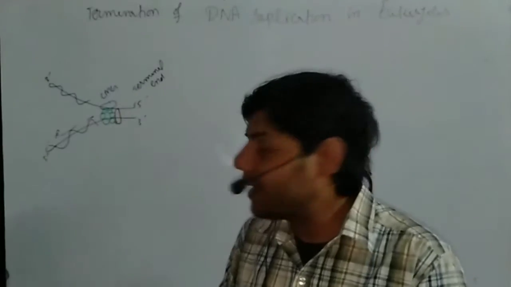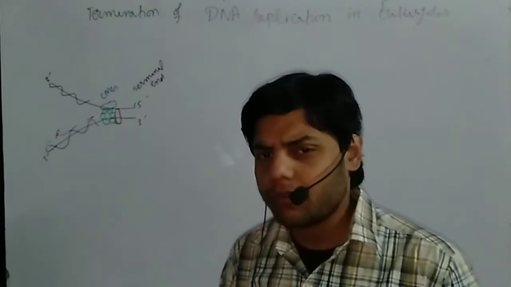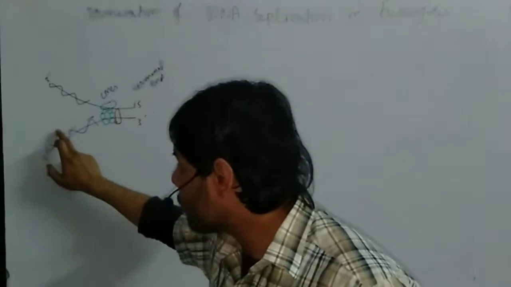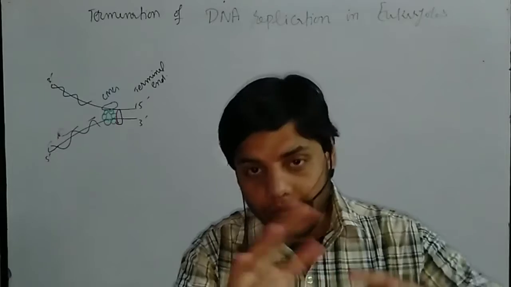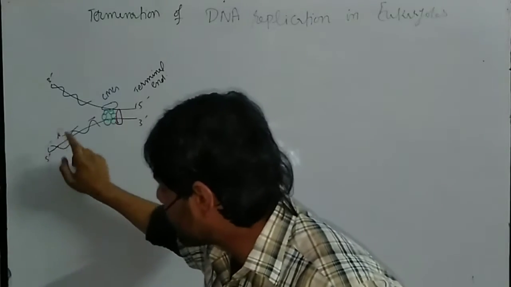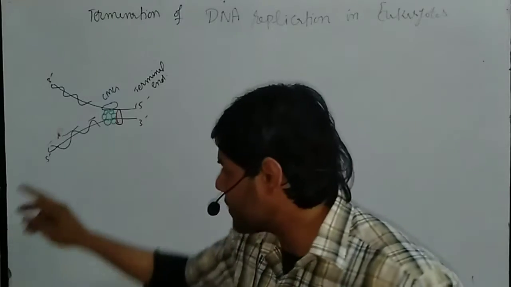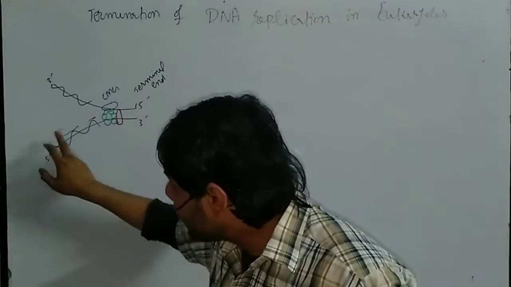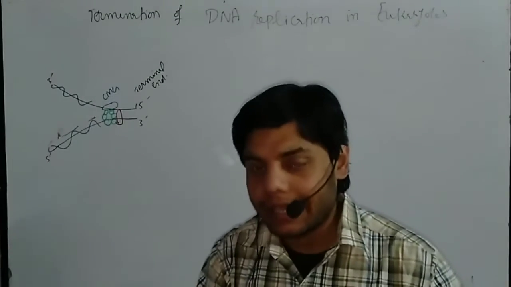After that, this flap is removed by the Fen enzyme, Fen protein, which we already talked about. So Fen can remove this flap, and this gap is filled. Again, some RNA nucleotides are present, so again the DNA polymerase holds this side and adds the nucleotides, and this process carries on.